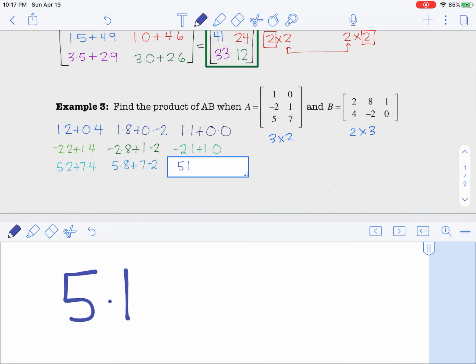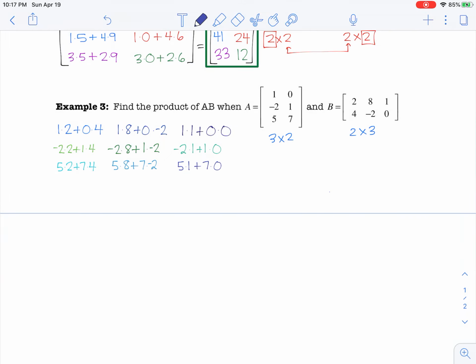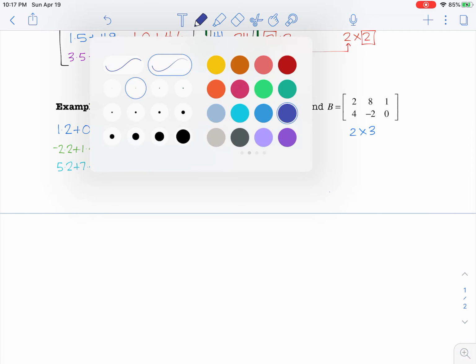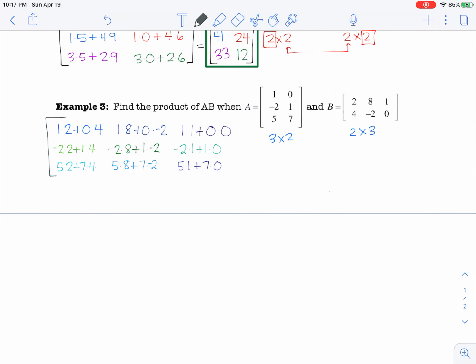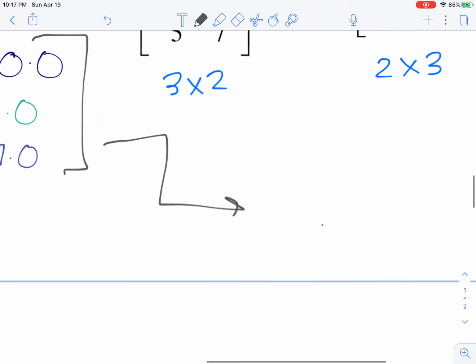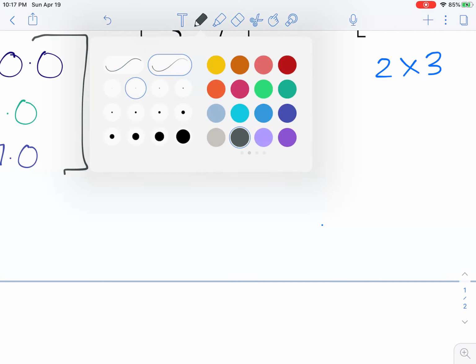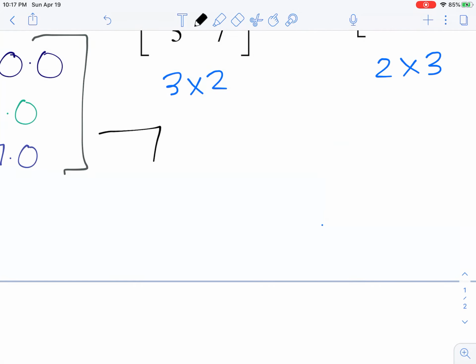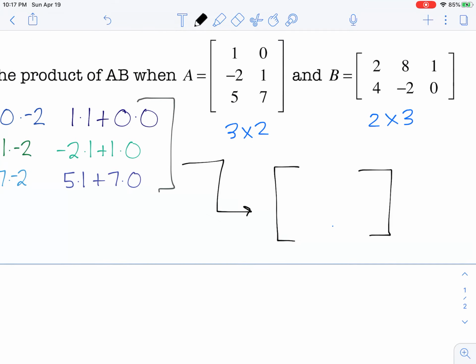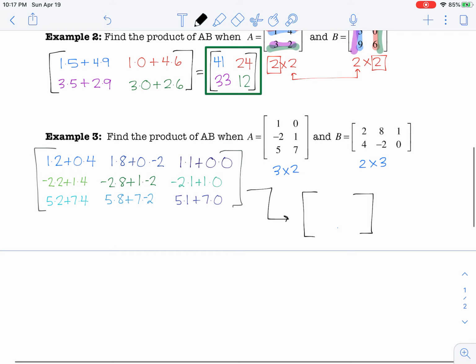Then 5 times 1 plus 7 times 0. All right, so that should be kind of like our matrix that's showing all of our work. And then we can go ahead and write our answer down over here. Again, it should be a 3 by 3, so we should end up with 3 rows and 3 columns.